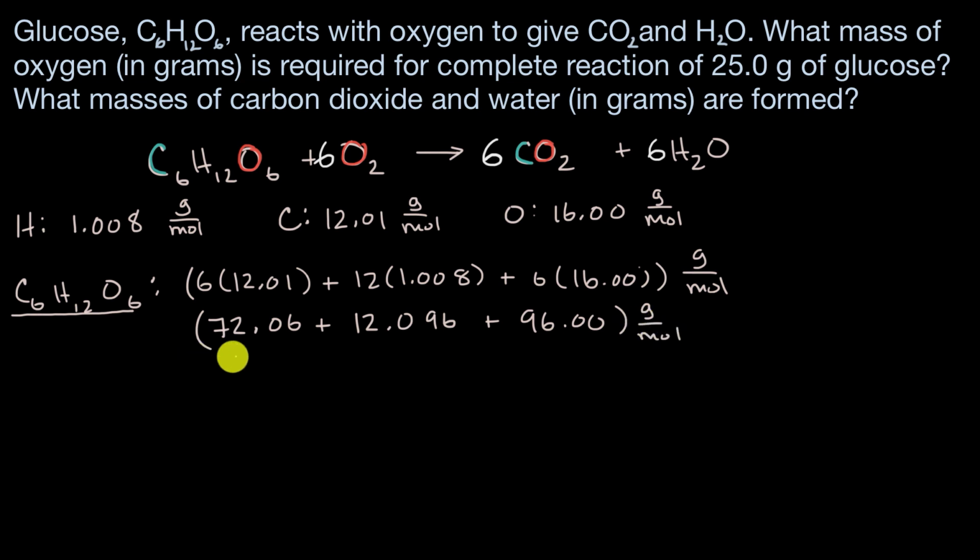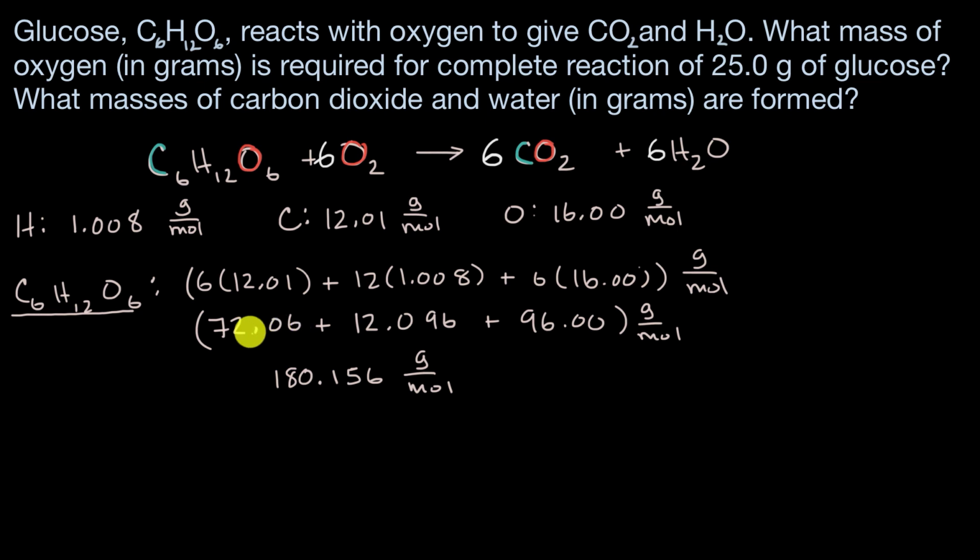And so this is going to be equal to, let's see, 72 plus 12 is 84, plus 96 is 180, 180 point, and let's see, we have 60 thousandths plus 96 thousandths, which would be 156 thousandths. So 180.156 grams per mole. And let me make sure I got the significant figures right. The 6, the 12, and 6 are pure numbers, so I'm still good with this.